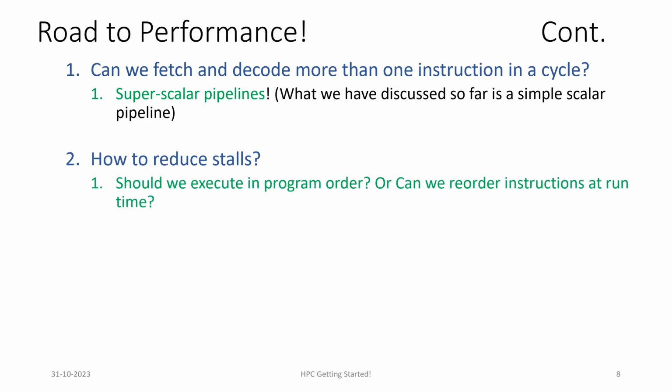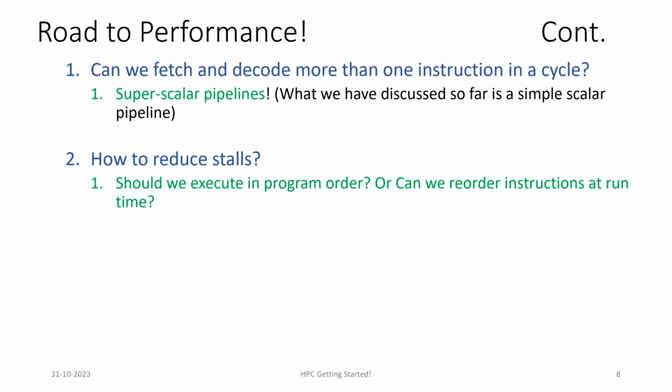So that's when the designers started asking, why should I execute the program in order? In order meaning that if your program has, let's say, 100 instructions, labeled 1, 2, 3, 4 till 100, should I execute instruction 10 only after the first 9 have been executed, or can I go ahead and execute instruction 10 before, if I see any issue with any of the earlier instructions? That's what we call out of order processing, out of order execution.